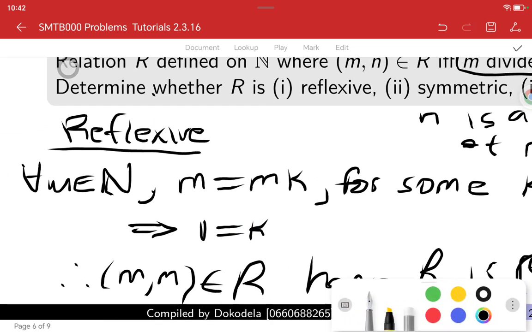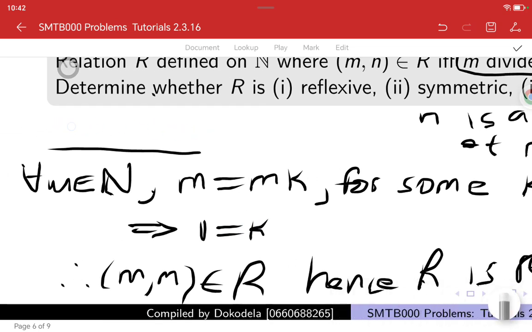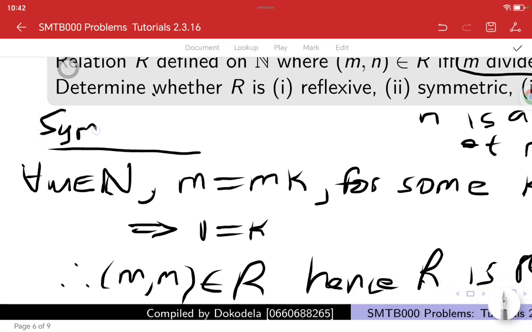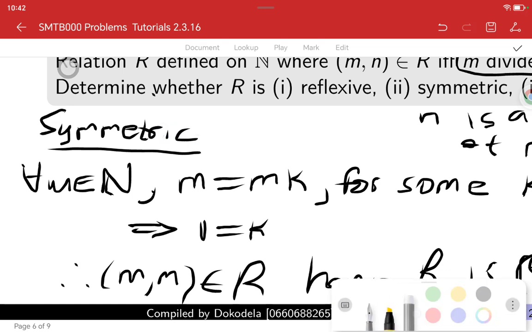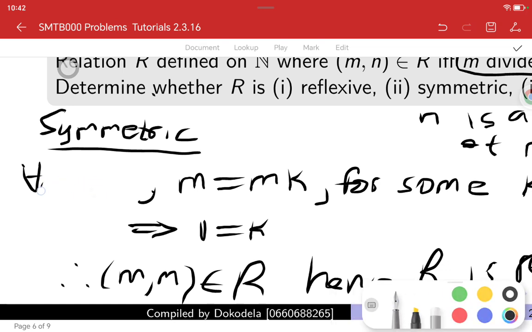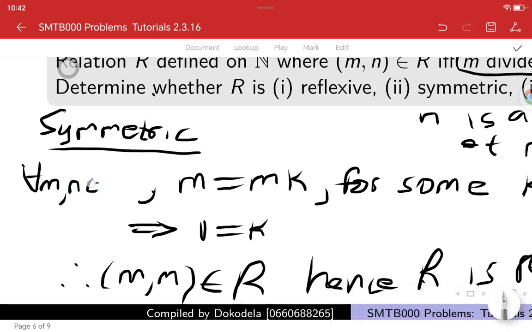for symmetric, we're just going to take two elements as we're given. We are given m and n, which are elements of the natural numbers.